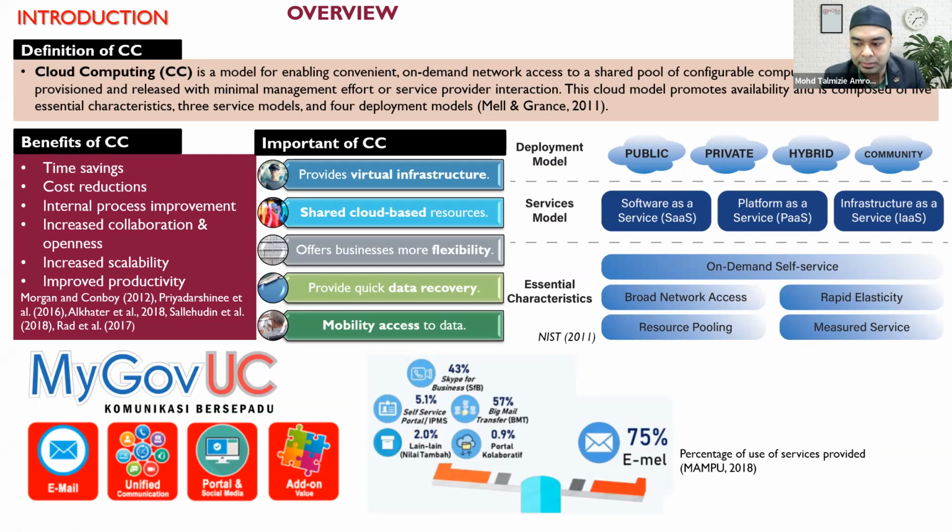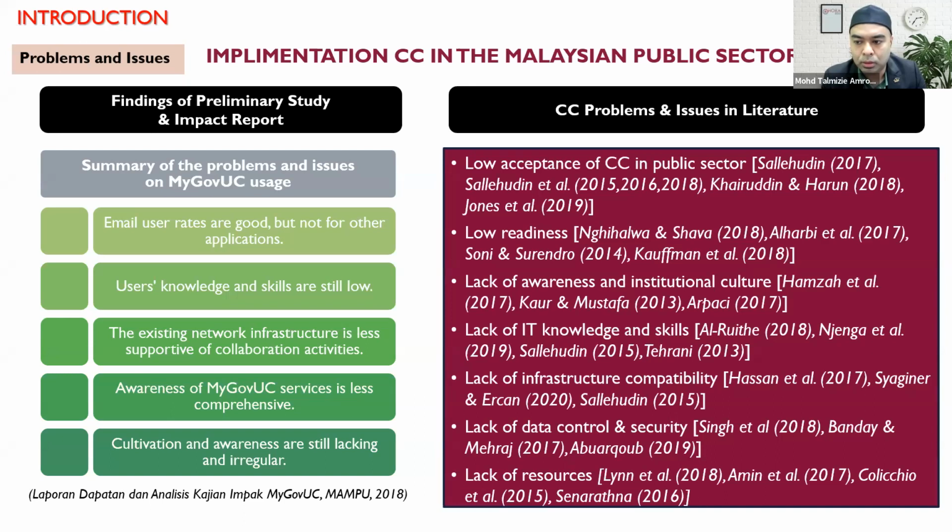However, based on the preliminary study and finding in the MyGov-UC impact assessment by MAMPU 2018, it was seen that the usage percentage is unsatisfactory. Among the issues raised were the non-optimal application usage rate and low IT skill and knowledge of users. The existing infrastructure does not fit the new application, and there is low awareness.